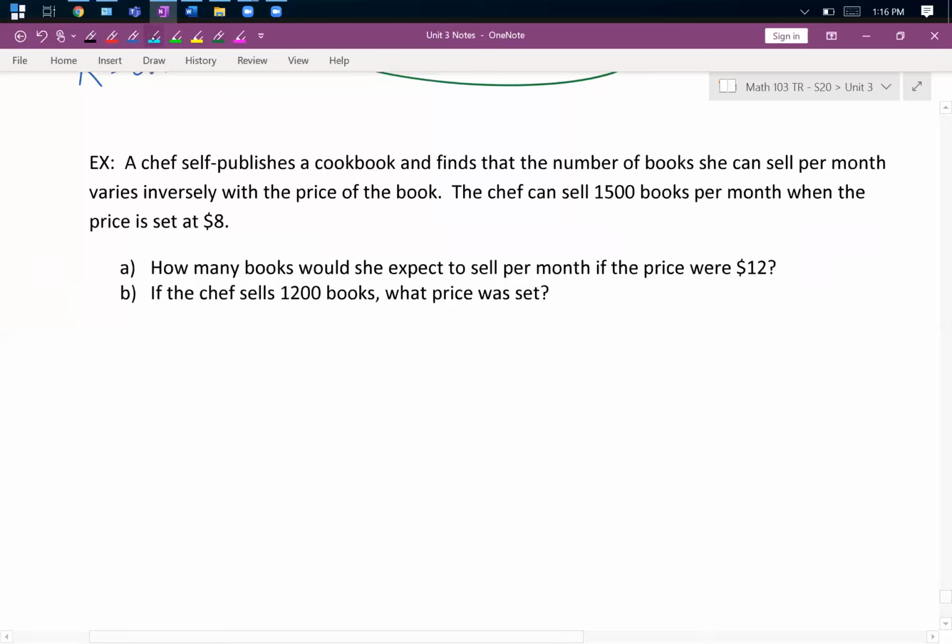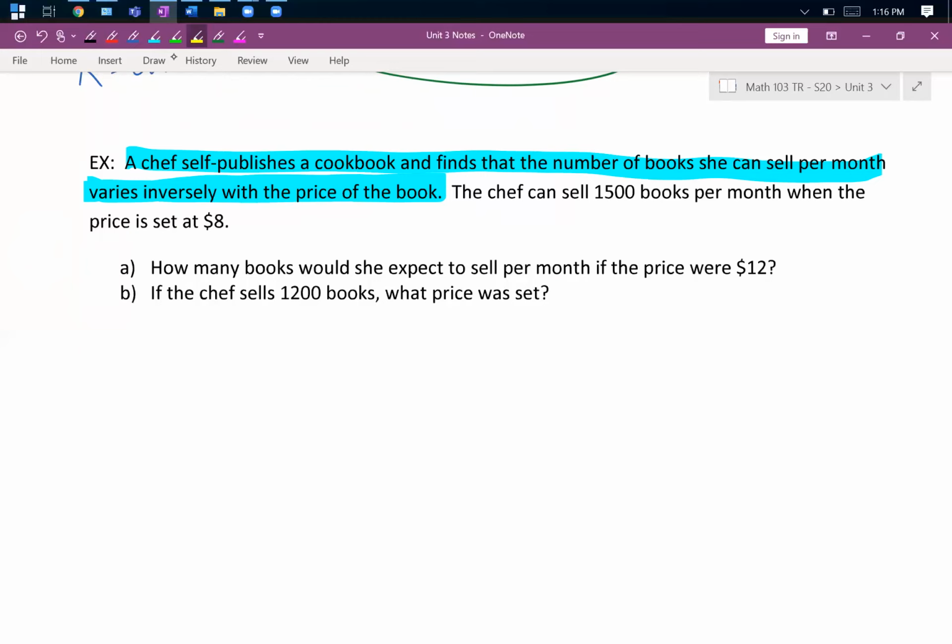Okay, let's start with our first sentence. That's going to give us the general equation. That's a long sentence, but there's a bunch of stuff in there I don't actually need. What is it that we actually need out of that long sentence? Varies inversely. What varies inversely with what? The number of books she can sell with the price of the book.